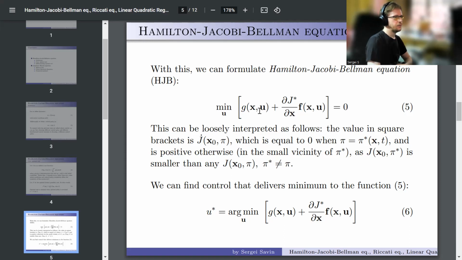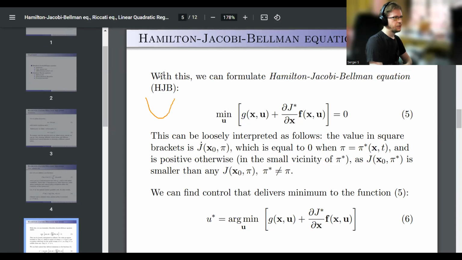Whenever you are at the bottom of a hill, anything you do makes you go uphill, so your derivative at this point would be 0. This is the intuition for the 0.